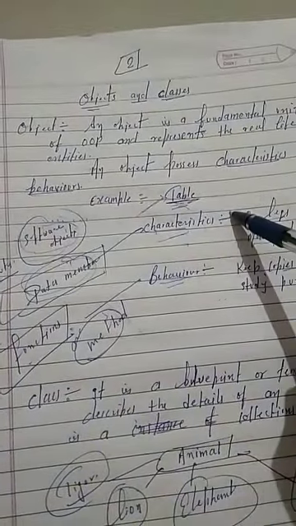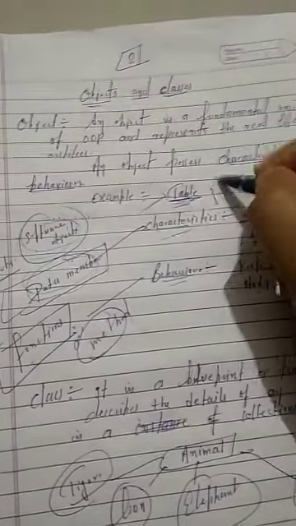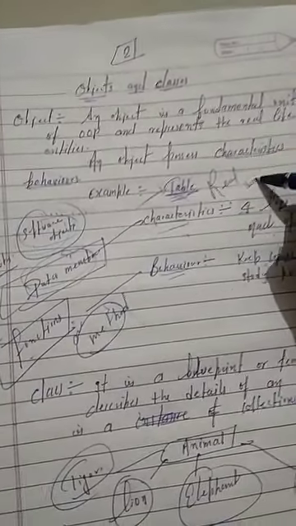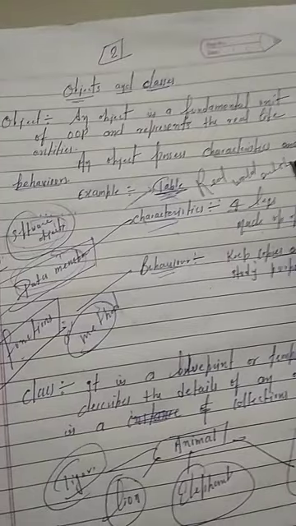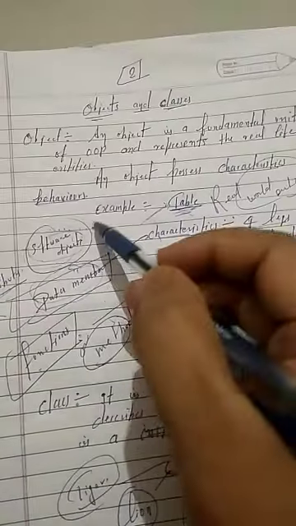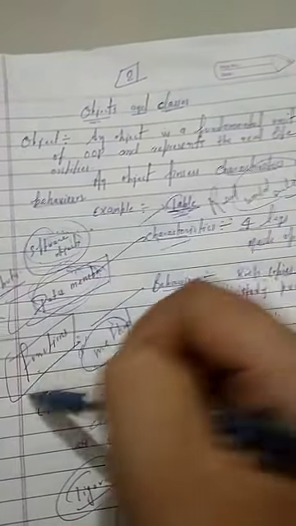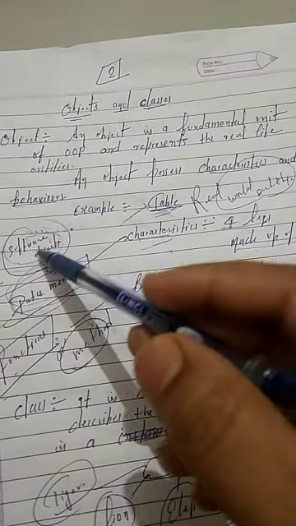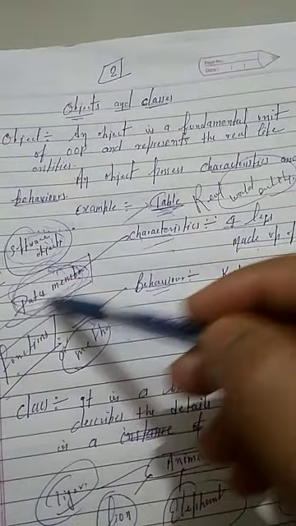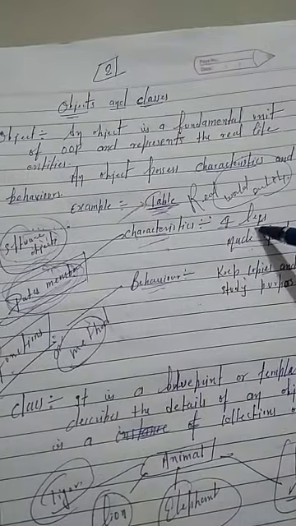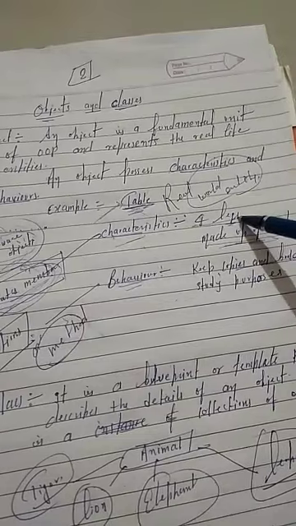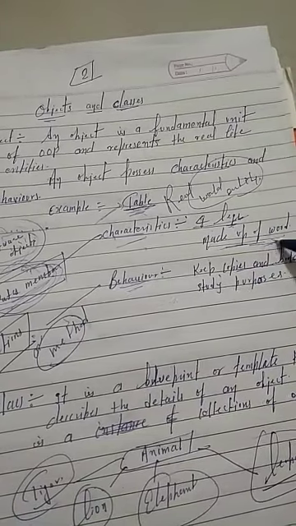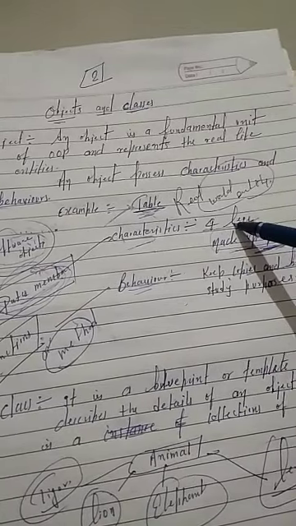So this comes under real world entities or objects, and this comes under software objects: data members and functions. Now if you have to write the names of data members, for the legs and made of wood, number of legs and material made of will be the two variables.